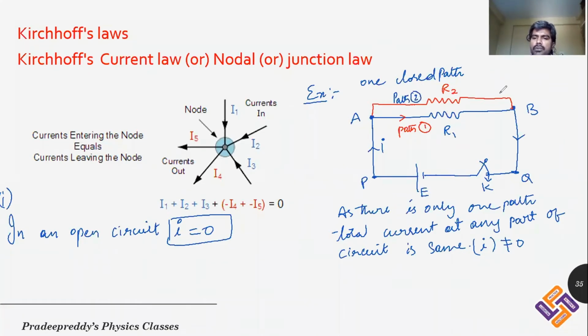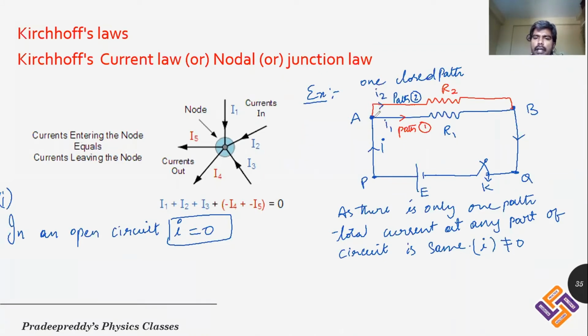When the current coming to point A finds two wires connected between A and B, it gets divided into two parts. One part I call I1, the other part I will call I2.